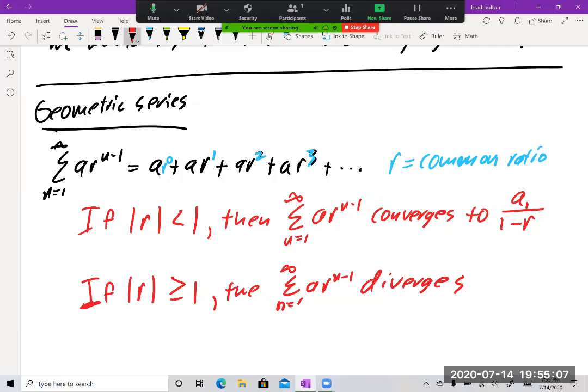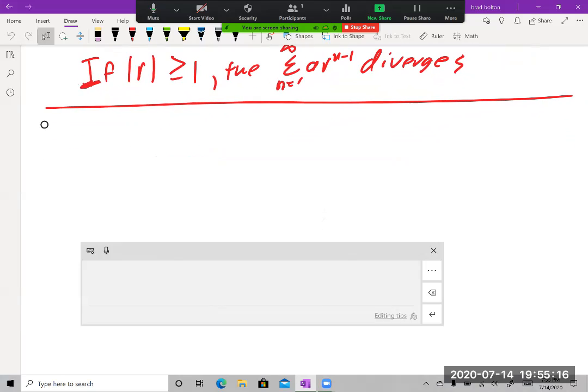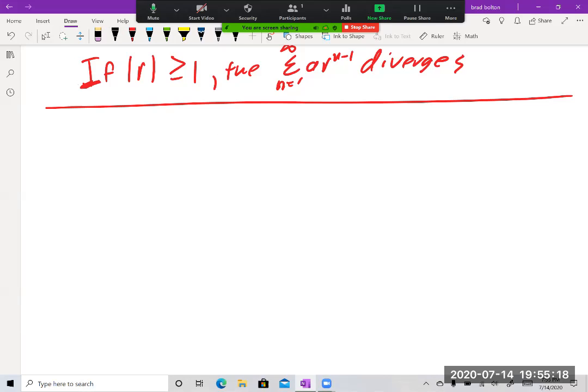So that's a big, big deal for this class, is knowing convergence and divergence. The geometric series will come back in so many different problems, so you really want to be pretty strong at it. So let's say that we have this problem here.